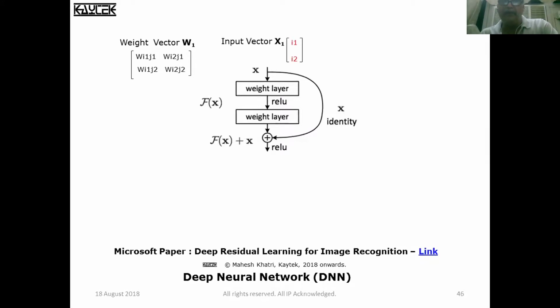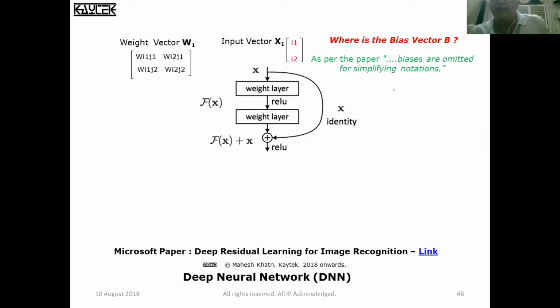This is the input vector X. Now, where is the bias vector? If we see in the paper, they have said that the biases have been omitted for simplifying notations. So B1 and B2 are not shown in the paper, even though they've probably done it in the Keras or the Caffe code.